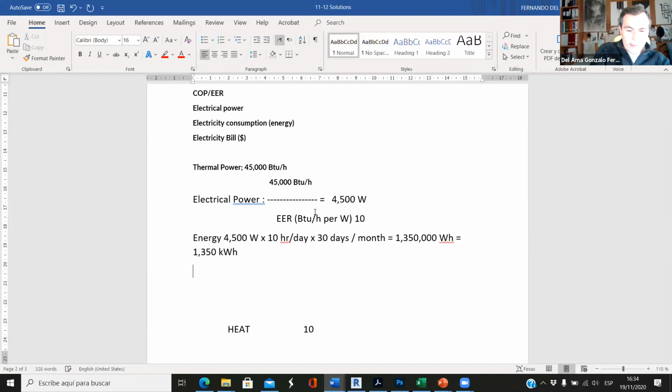And now, what is the price? Or this is the monthly electricity bill. It will be 1,350 kilowatt hours times, let's say, 0.2 dollars per kilowatt hour.